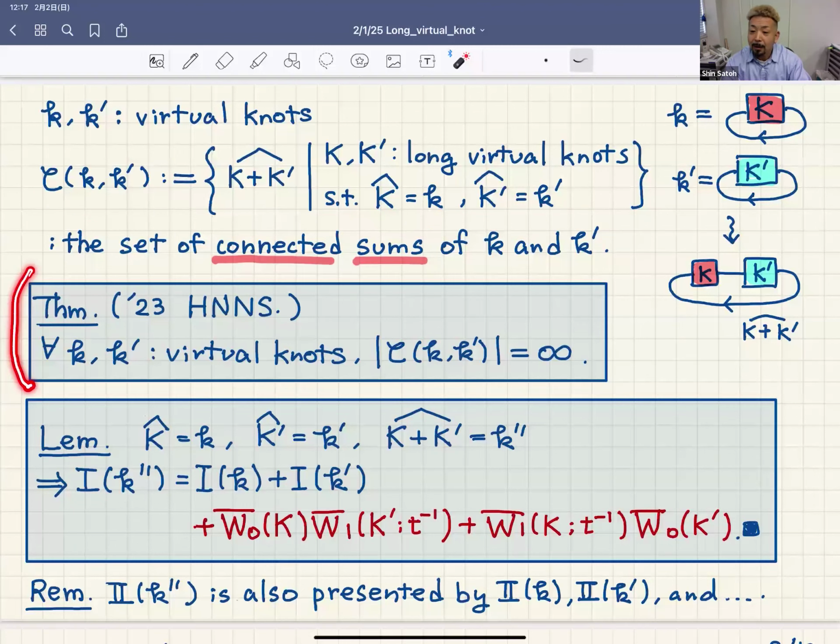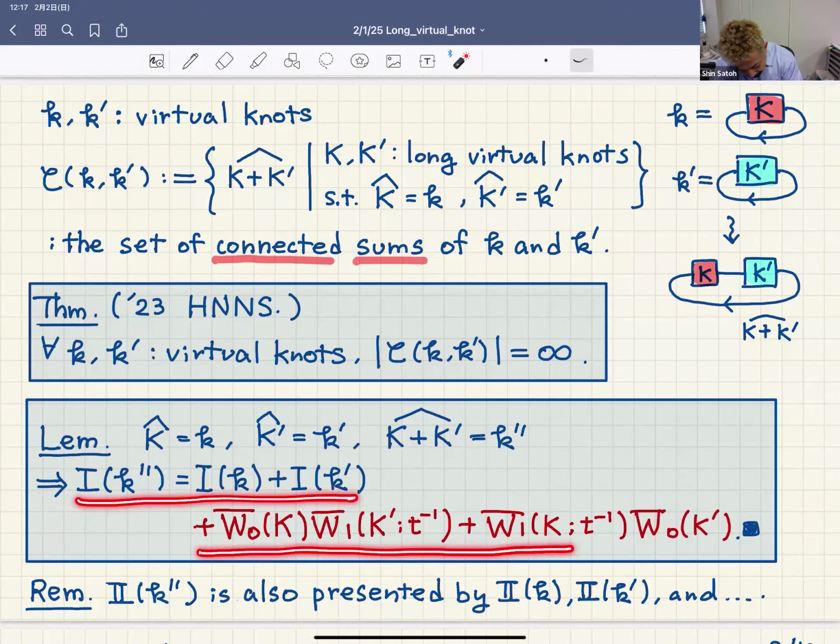This theorem is obtained from the connected sum formula of the first intersection polynomial by this lemma. By this equation.